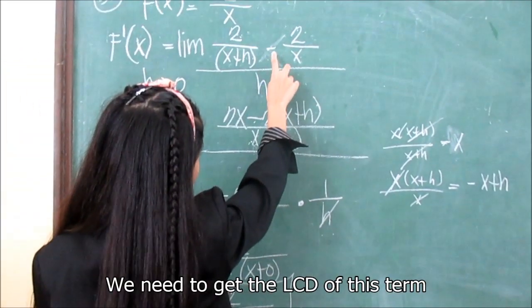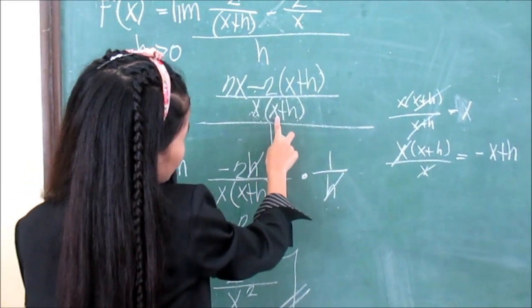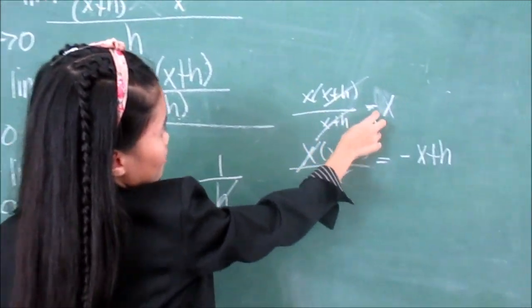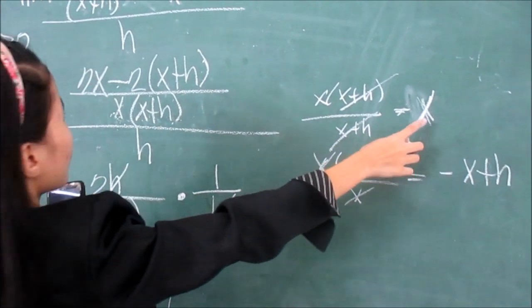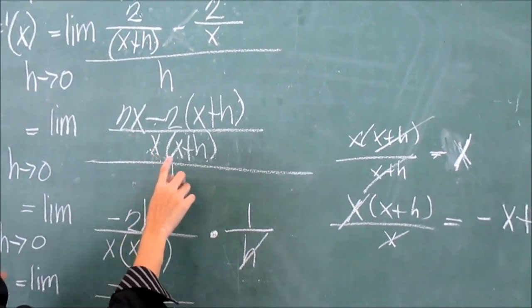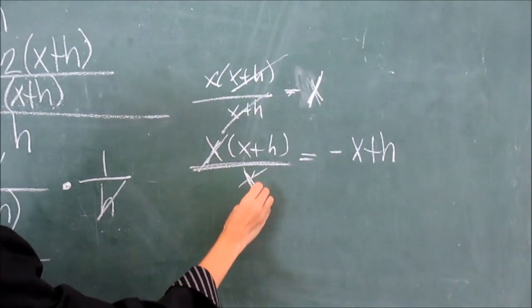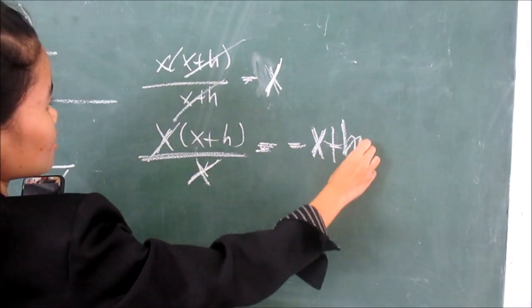And next is limit. We need to get the LCD of these terms. So x times x plus h divided by 2 over x plus h is equal to x. X times 2 is equal to 2x. X times x plus h divided by 2 over x is equal to negative x plus h.